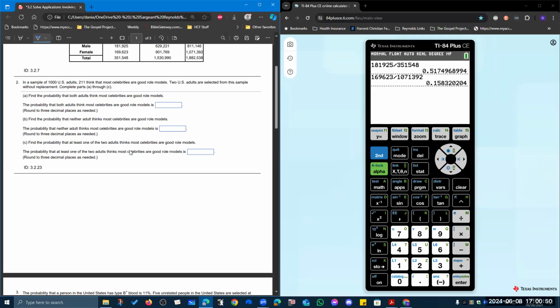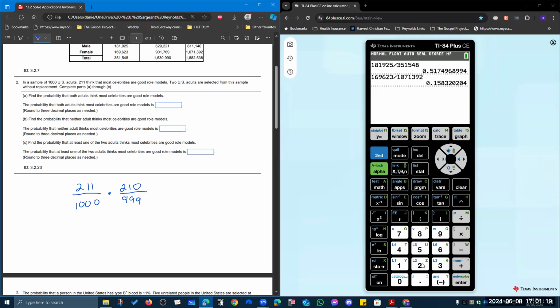So find the probability that both adults think that most celebrities are good role models. So we have 211 to choose from out of the 1,000. And once we do that, then there's 210 left for the second choice out of 999, because we've chosen that person and not replaced them.